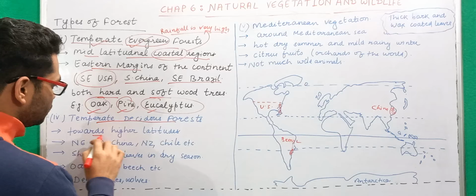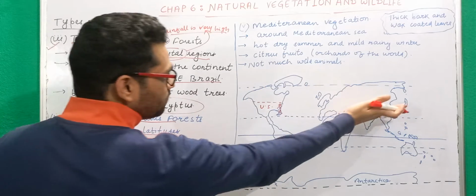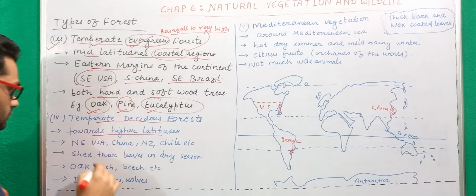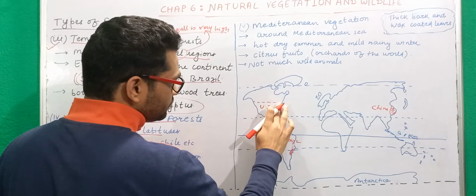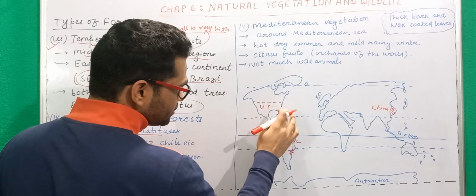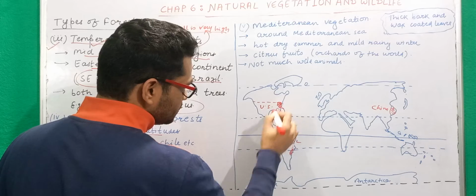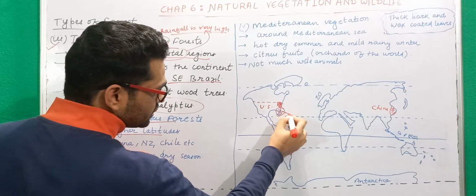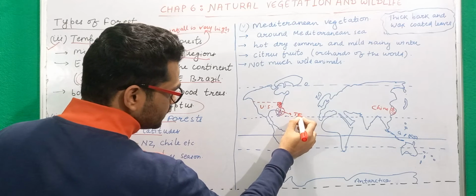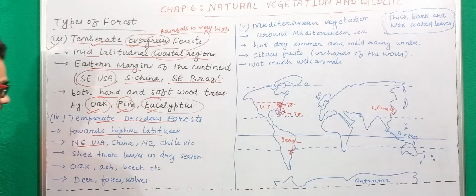It forms towards higher latitudes, meaning you have to move further upward or further downward. In Northeast USA you will find temperate deciduous forest, while in Southeast USA you will find temperate evergreen.